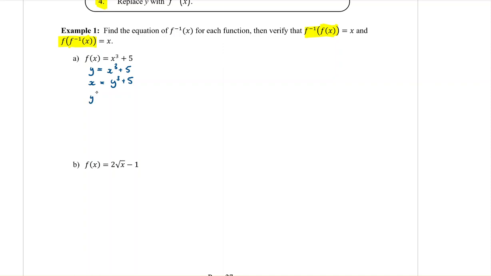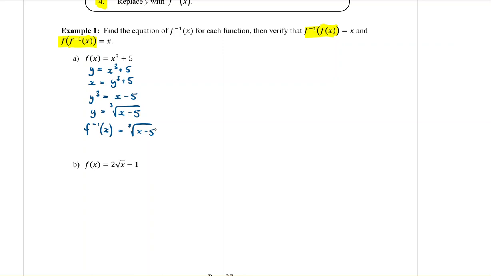So that would be y cubed equals x take away 5, and then get rid of the power of 3 by doing a cubed root. Okay, that is the answer, but we have to put it back into the function notation. So we want to say inverse function of x is equal to the cubed root of x take away 5. We did that last lesson just without the function notation part.